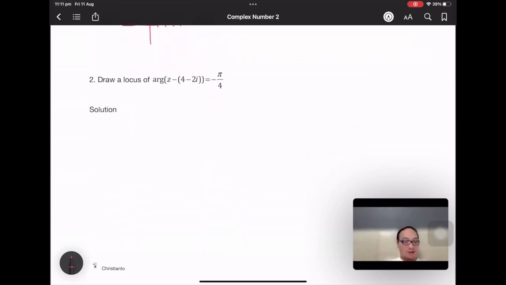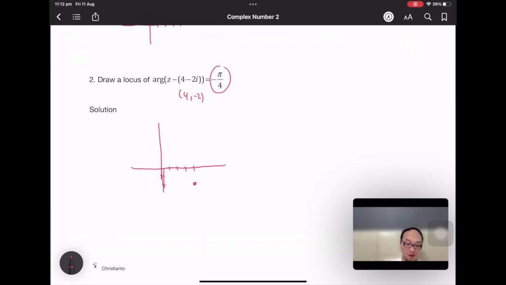Next, draw a locus of argument z minus 4 minus 2i equals negative pi over 4. That means the coordinate will be 4, negative 2, and theta will be negative pi over 4. So you draw 1, 2, 3, 4, 1, 2.